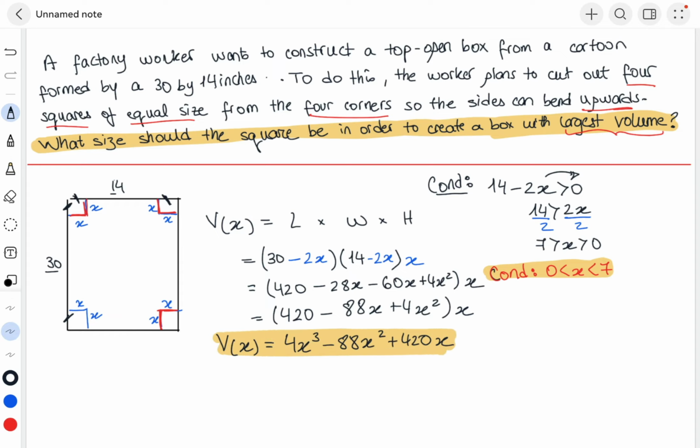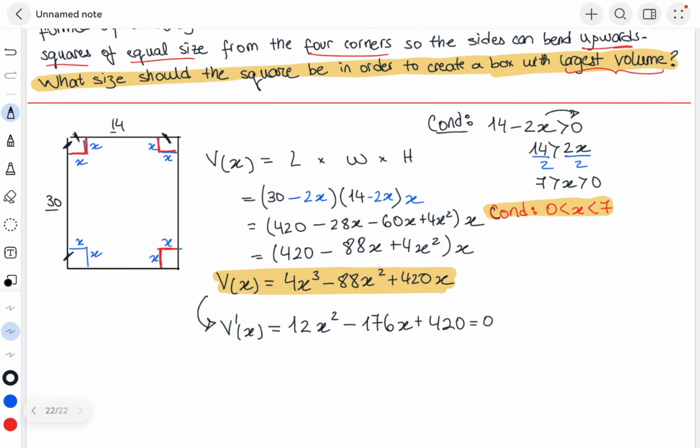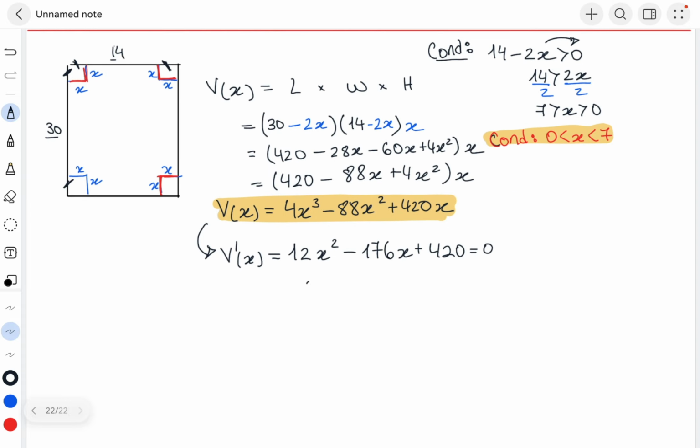Now to find the maximum, as we said, we'll need to find v prime of x, and we'll set it equal to 0. So v prime is 4 times 3, which is 12x squared. Negative 88x squared will become negative 176x, plus 420 equal to 0. Using mode 5.3 on the calculator, we get x1 to be 35 over 3, which is 11.6 inches, and x2 to be 3.